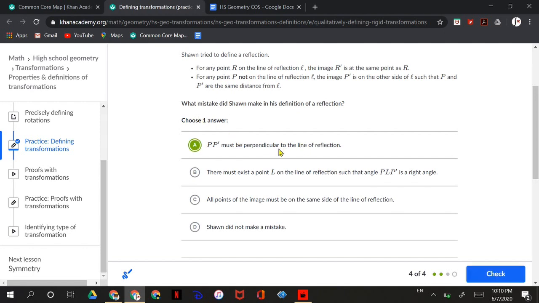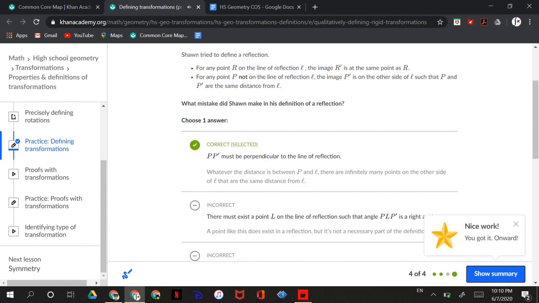PP' must be perpendicular to the line of reflection. Yes, it would be this, because whatever the distance is between P and L, there are infinitely many points on the other side that are the same distance from L, and so PP' must be perpendicular to line L.